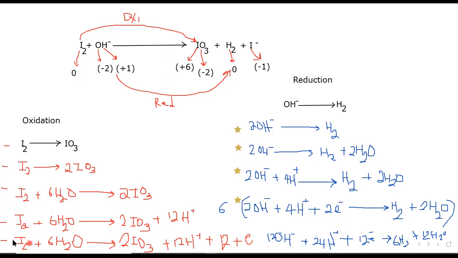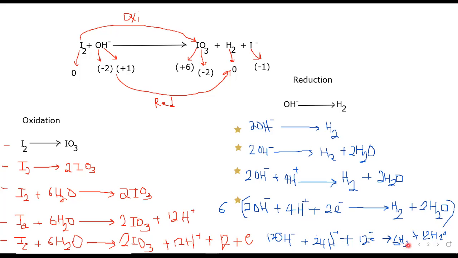Okay, so let's just check. So this one, we have 2 there, we have 2 there, that's good. We have 12, we have 12, that is very good. We have 6 on this side, we have 6 on this side, that's very good. And here we have 12 oxygens. On the other side, we have 12 oxygens, that's very good. 24 hydrogens.